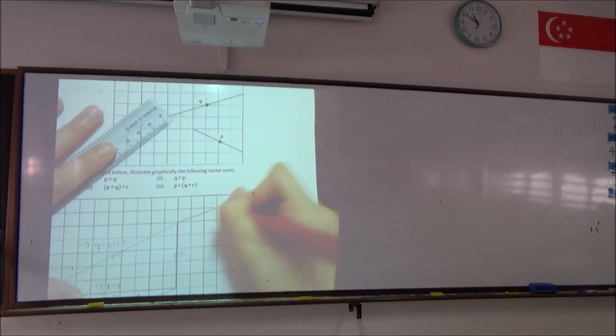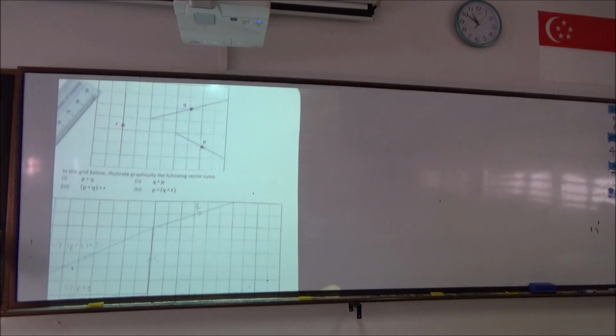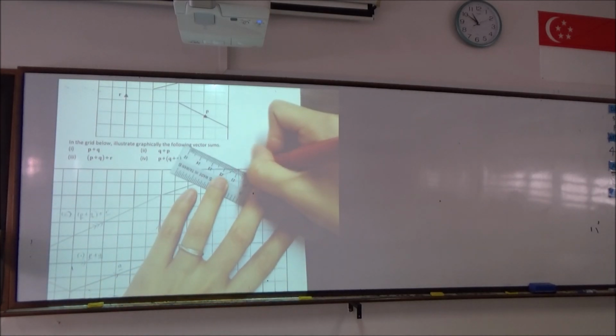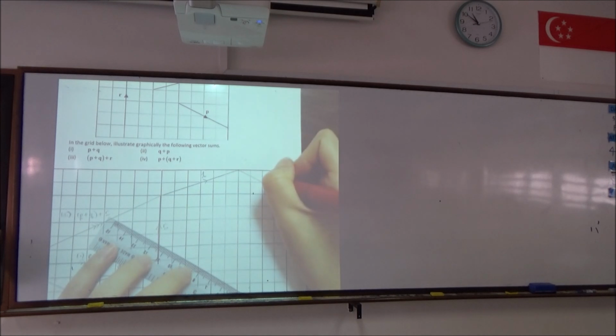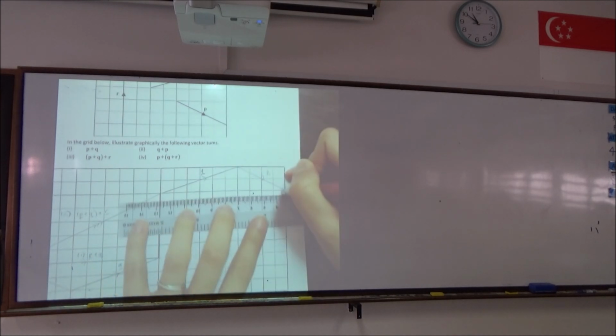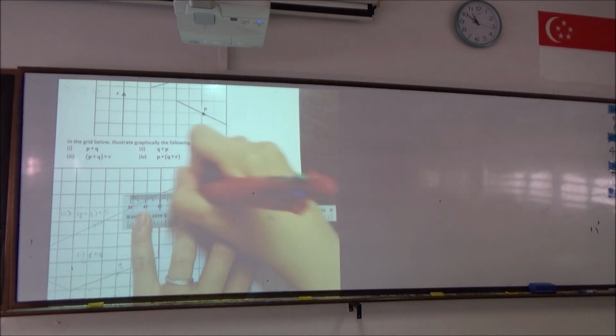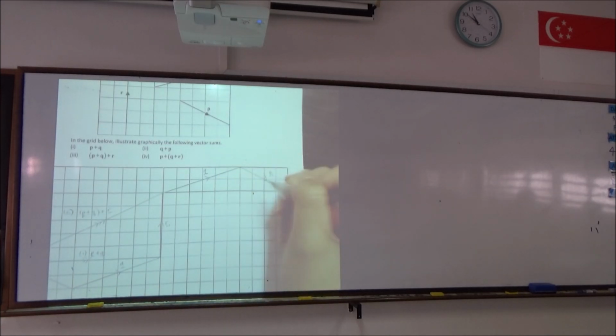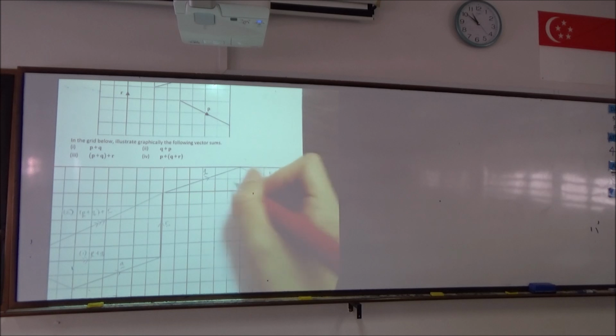So Q will be this way, and then after that, P is downwards. So at this stage, we see that Q plus P and P plus Q are actually the same.